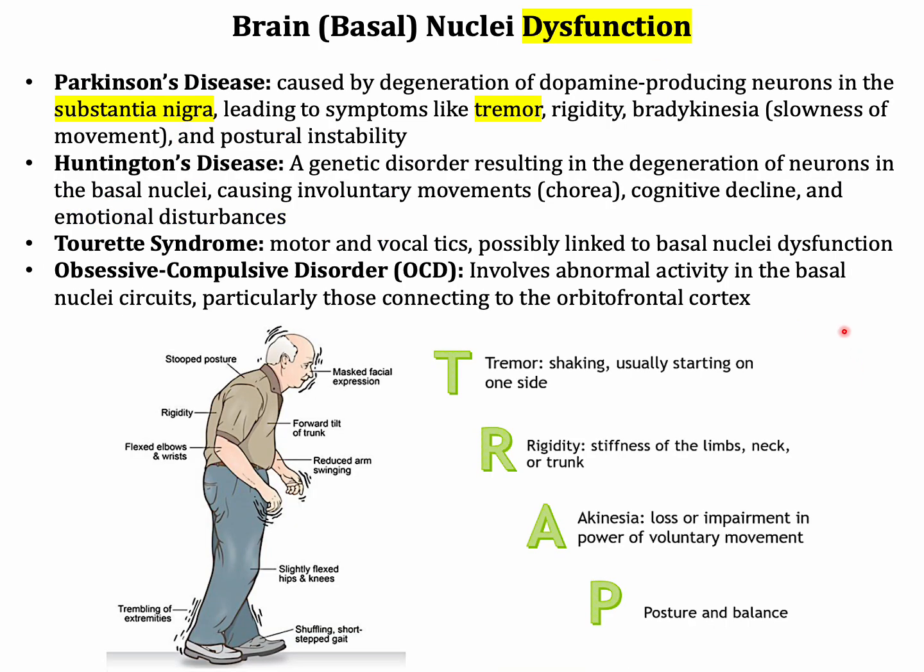An easy way to understand the importance of brain nuclei is to consider what happens when there's dysfunction in these areas. So, diseases such as Parkinson's, Huntington's, Tourette's, even OCD, these are all conditions when there is dysfunction in the brain nuclei. For Parkinson's disease in particular, it's due to the degeneration of dopamine producing neurons in the substantia nigra, one important area of the brain nuclei. And this causes individuals to have tremors.